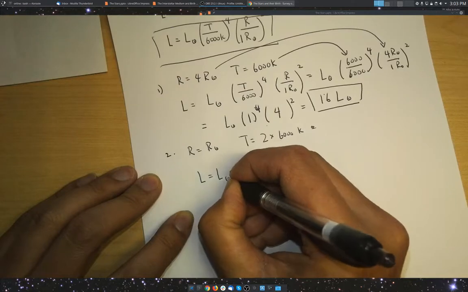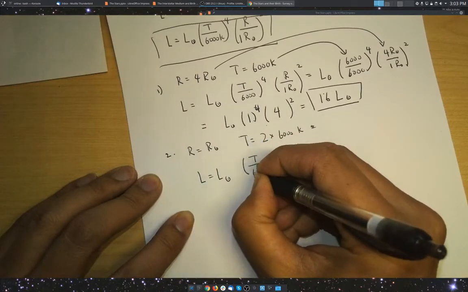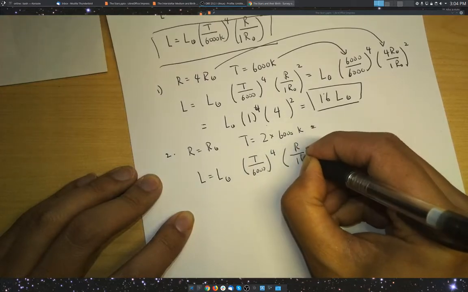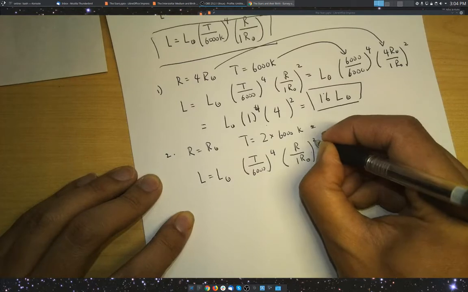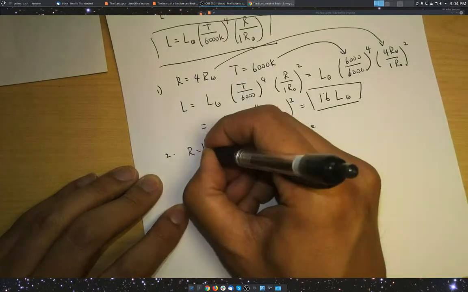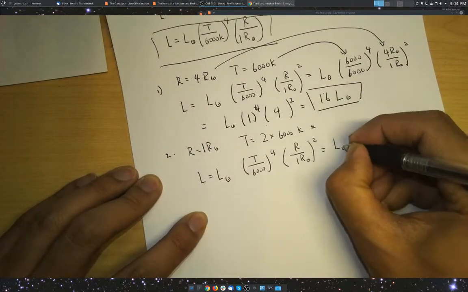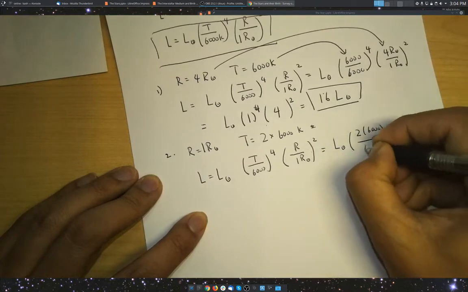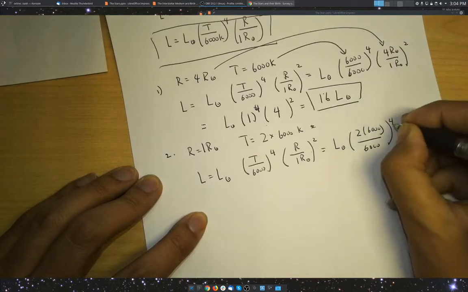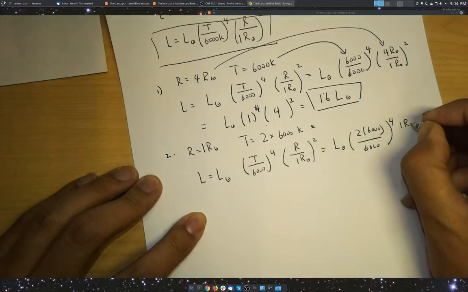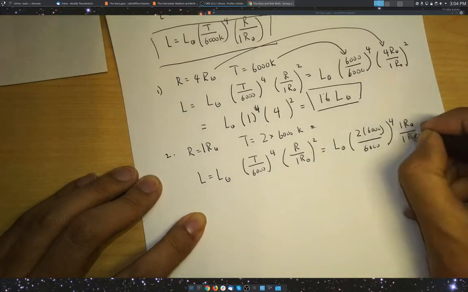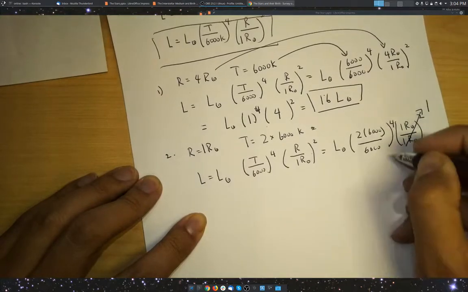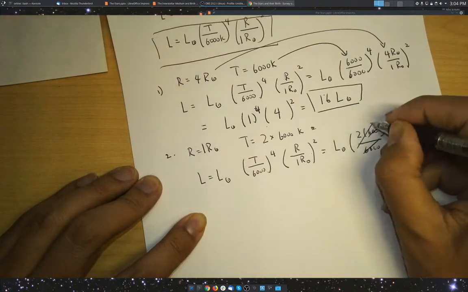L is equal to L solar, T over 6,000 to the fourth, R over 1 solar squared. So R gives 1 again, and 2 times 6,000 over 6,000 goes to 2.